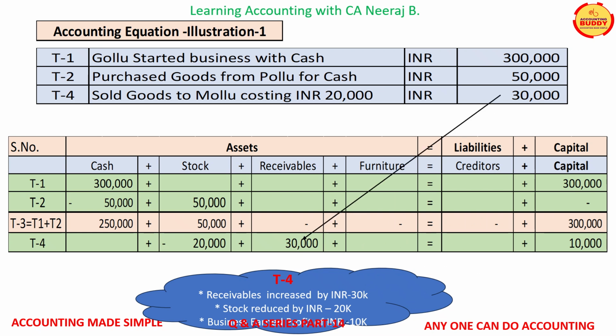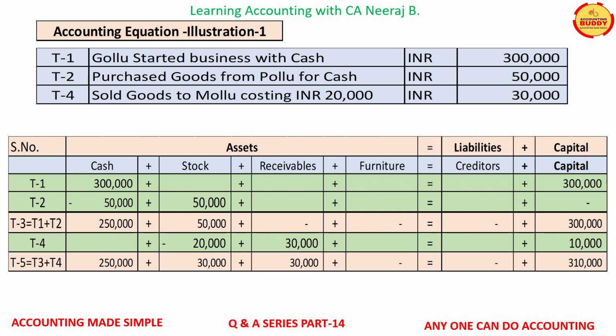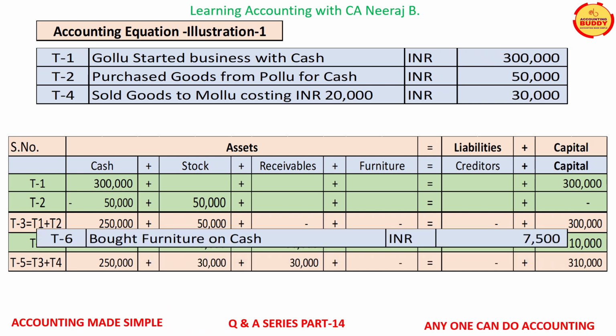Stock will be reduced by 20,000 and the capital will increase by 10,000, being the profit earned on the transaction. Post transaction T4, the new accounting equation will have cash 250,000, stock 30,000, receivables 30,000, totaling to 310,000 on the left hand side and an equal amount of 310,000 as capital on the right hand side of the accounting equation.